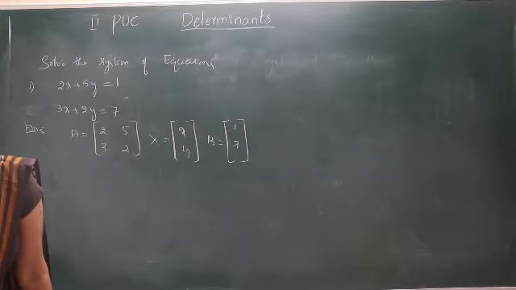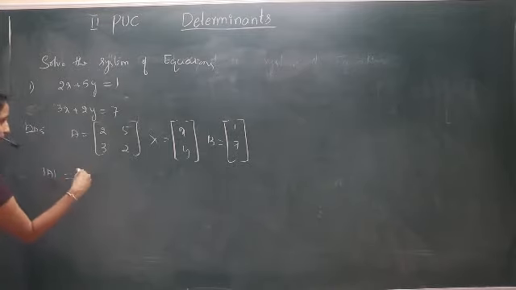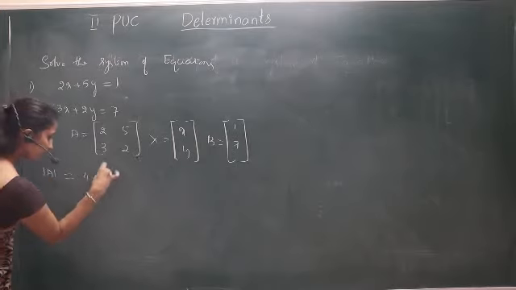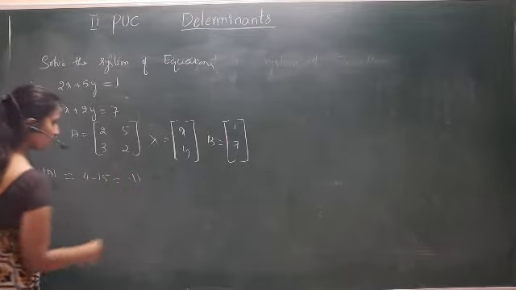After that we have to check whether the solution exists or not. Therefore calculate the determinant of A. Determinant of A is equal to 4 minus 15, which is minus 11.